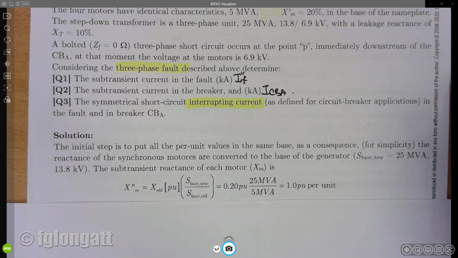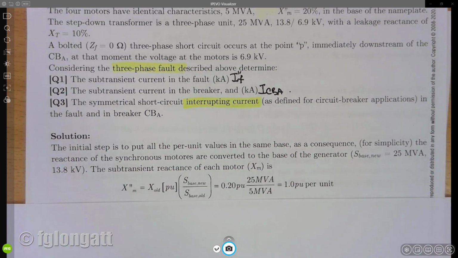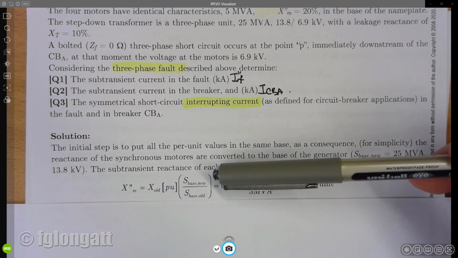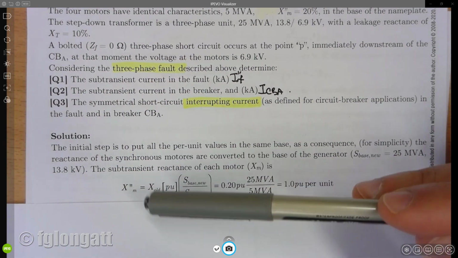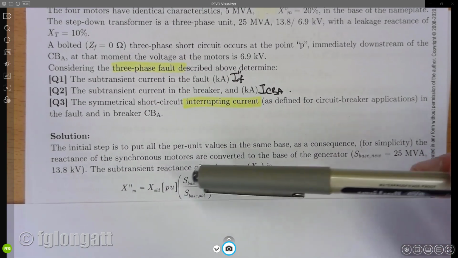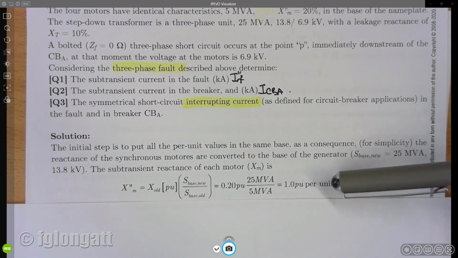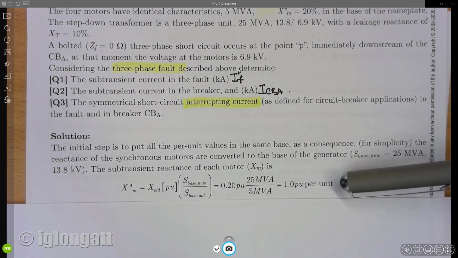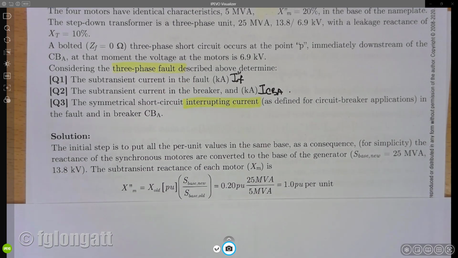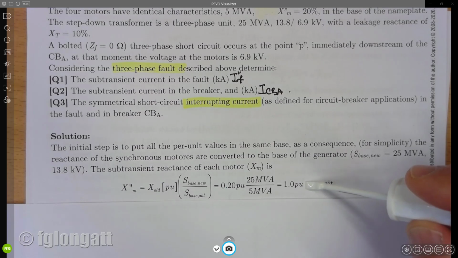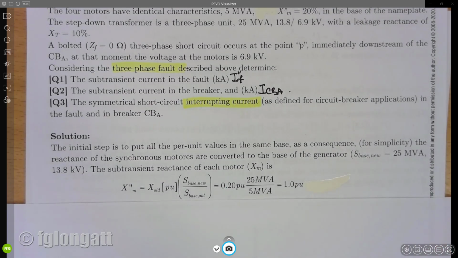I believe my students are top expert in per unit. But over here, you must remember what is the equation that we use. We use the old reactance multiplied by the new power base divided by the old power base. And now there is no surprise. We got here that the subtransient reactance of the synchronous motor is 1.0.